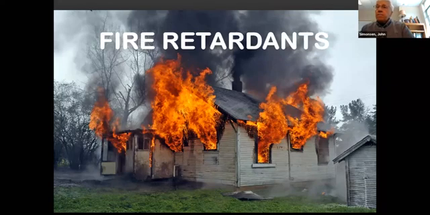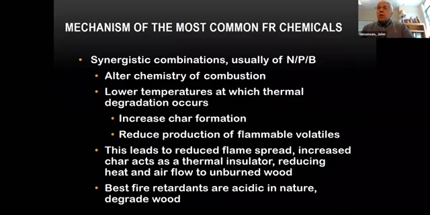Fire retardants. So generally, fire retardants are a combination of nitrogen, phosphorus, and boron. N is nitrogen, P is phosphorus, B is boron. If you need to remember that, look it up on a periodic table. And these three things together are synergistic.